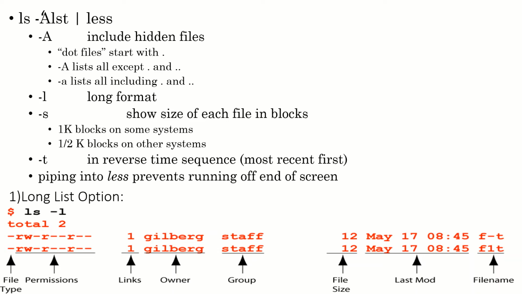Then we use the vertical bar symbol, a pipe into less, which prevents running off the end of the screen.